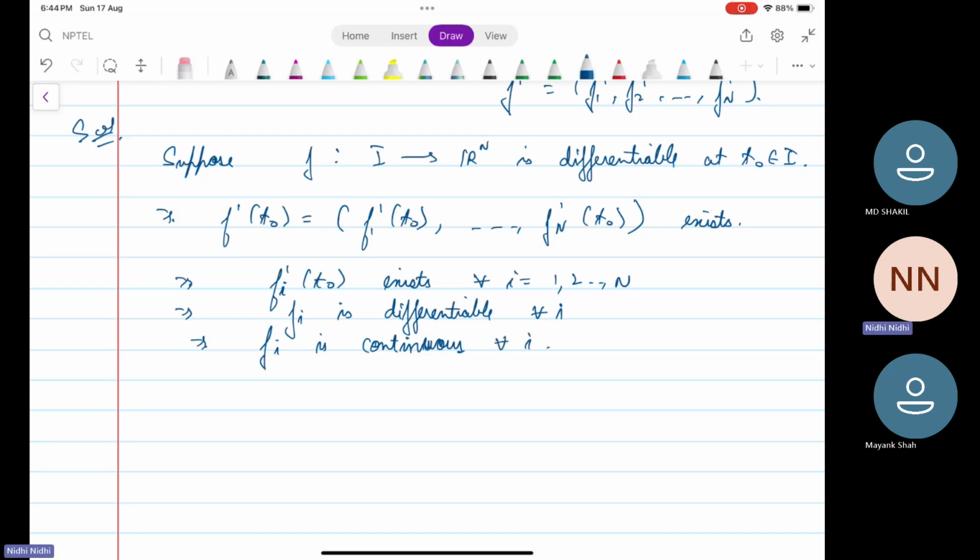And again, when a function f is defined for the case of vector valued functions, it is said to be continuous if it is continuous component wise.